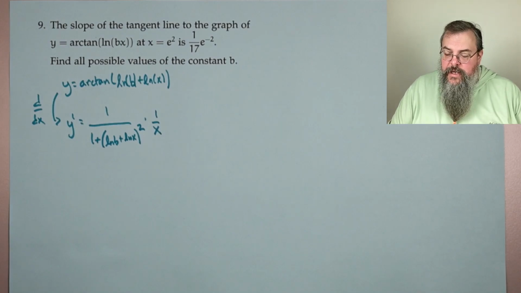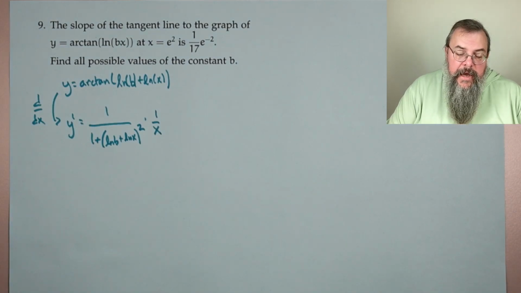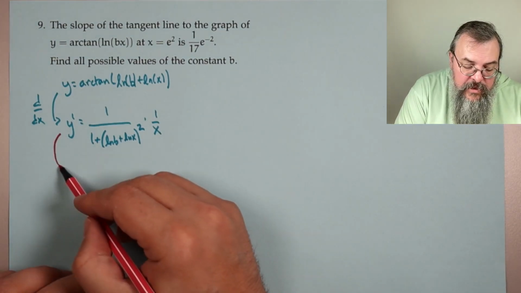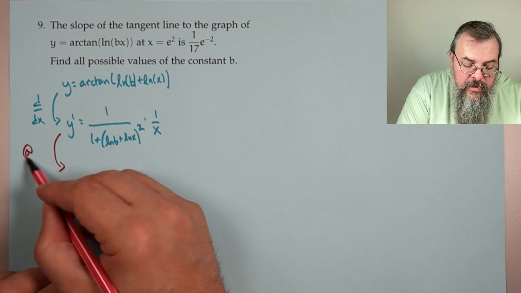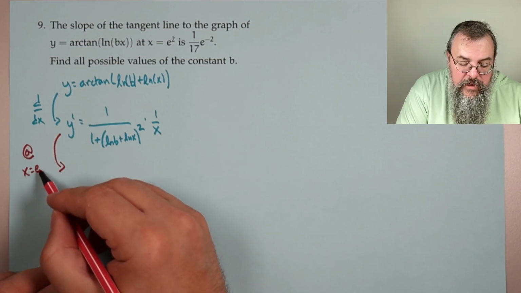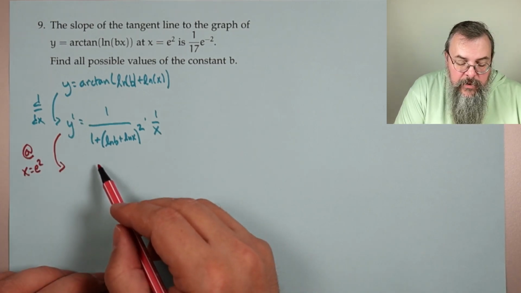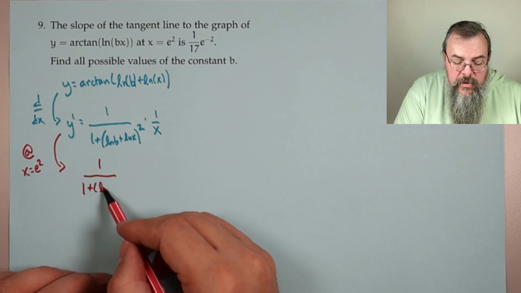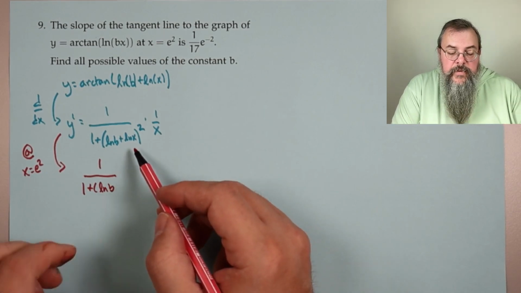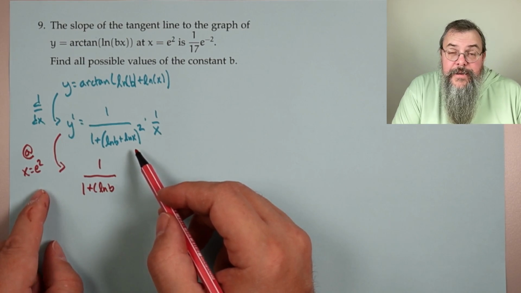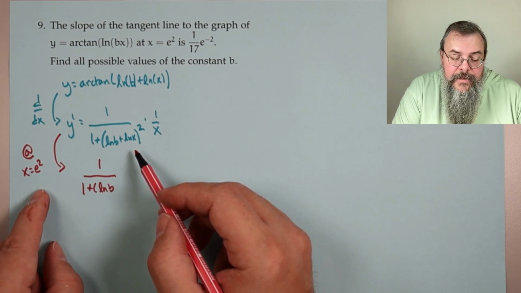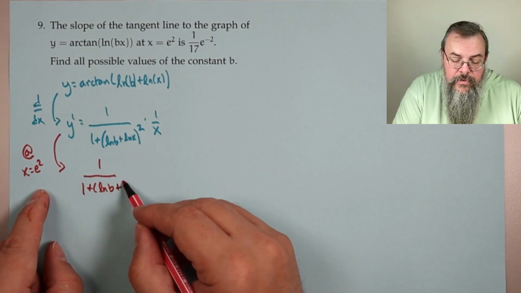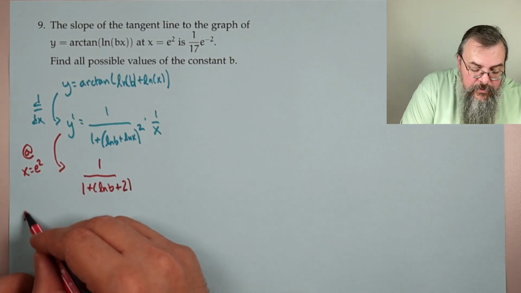And we say, okay, well, what's happening at x equals e squared? We get the following: 1 over 1 plus log b plus log of e squared. Log of e squared is 2, right? Why?